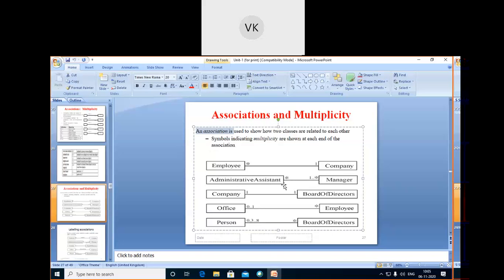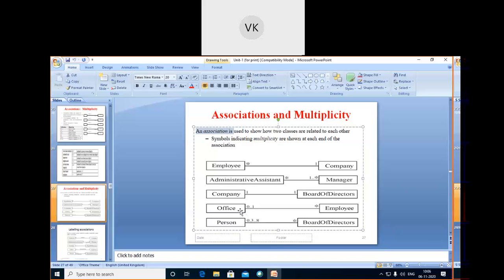For the manager class, it has more number of administrative assistants. For the manager class, it may have zero. Zero is also star, meaning zero or more number. For the manager class, it may have many or zero administrative assistants.